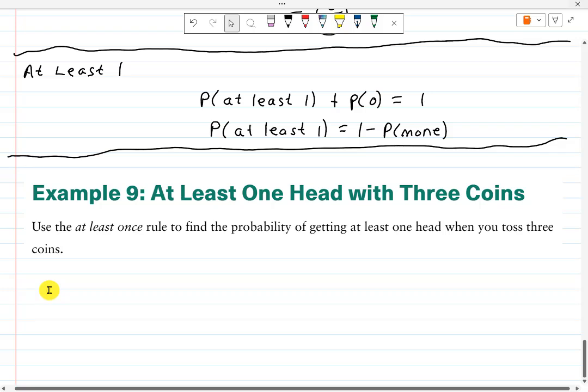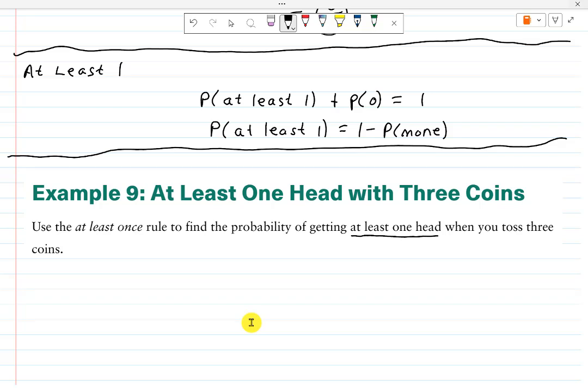To illustrate this "at least" property, we want to find the probability of getting at least one head when you toss 3 coins.